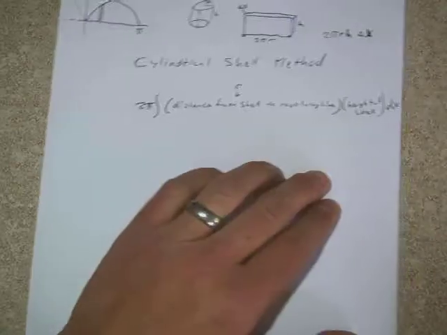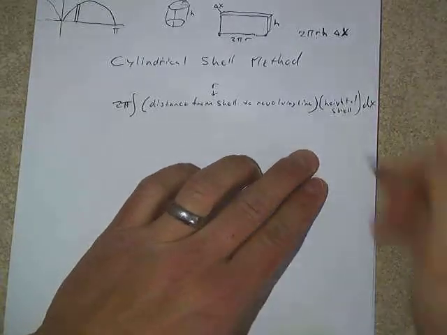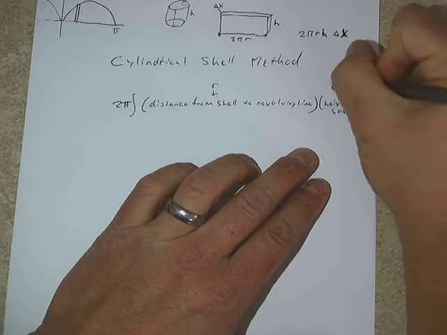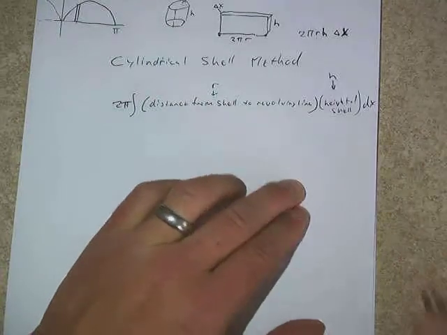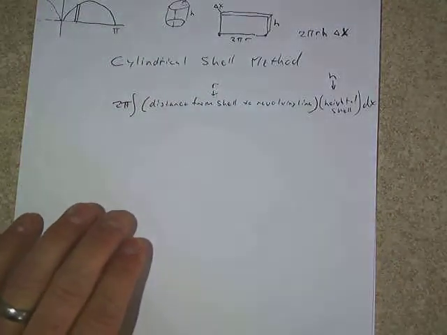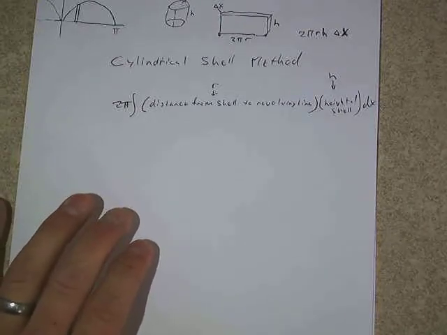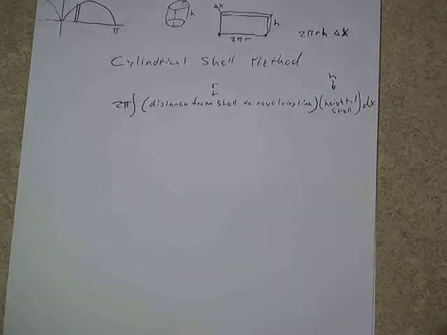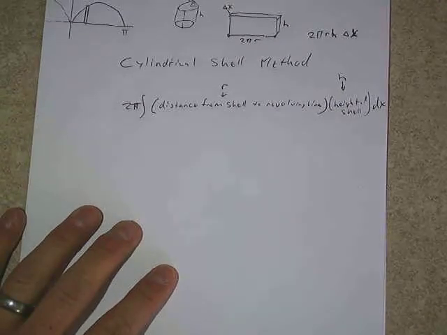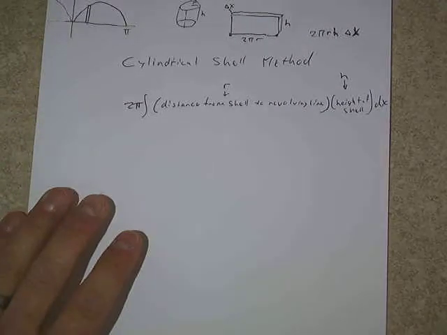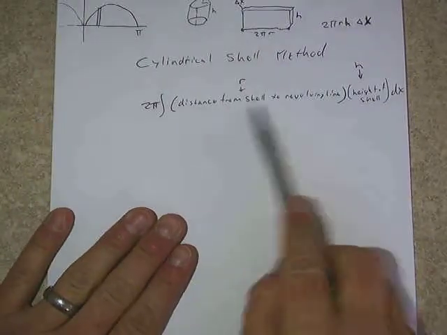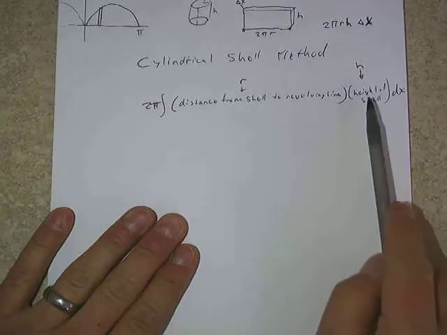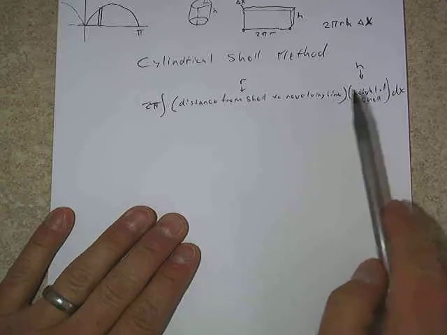That is going to be our r, if you will. So that r is going to be the distance from the shell to the revolving line. And then the h is going to be the height of the shell. And then, of course, the delta x becomes dx.